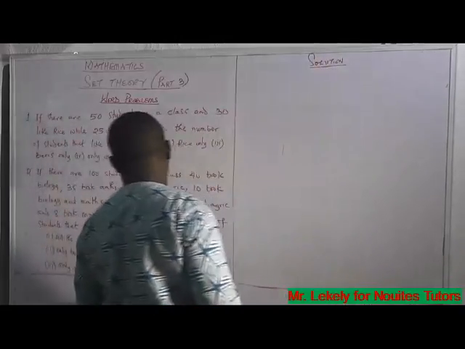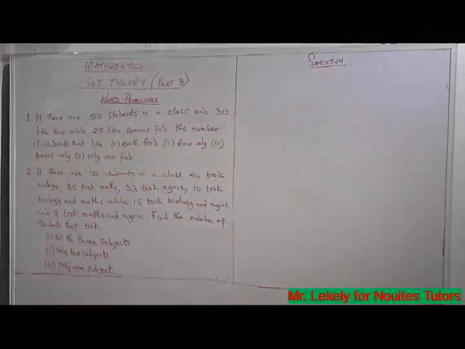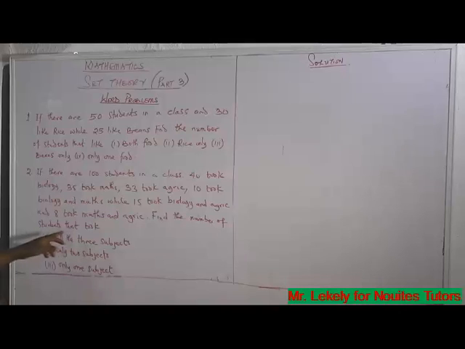Look at the number 2 question. If there are 100 students in a class, 40 took biology, 35 took maths, 33 took Greek, 10 took biology and maths, while 15 took biology and Agric, and 8 took maths and Agric. Find the number of students that took 1, all 3 subjects, 2, only 2 subjects, 3, only 1 subject.